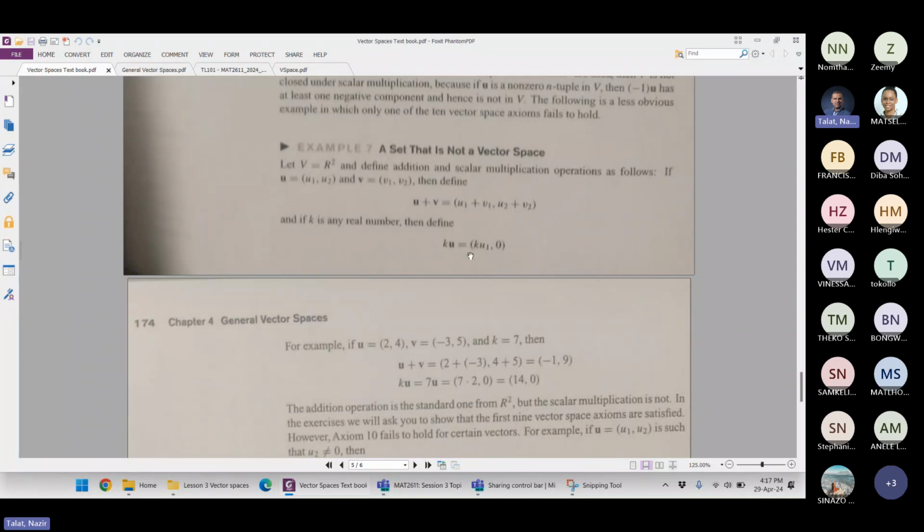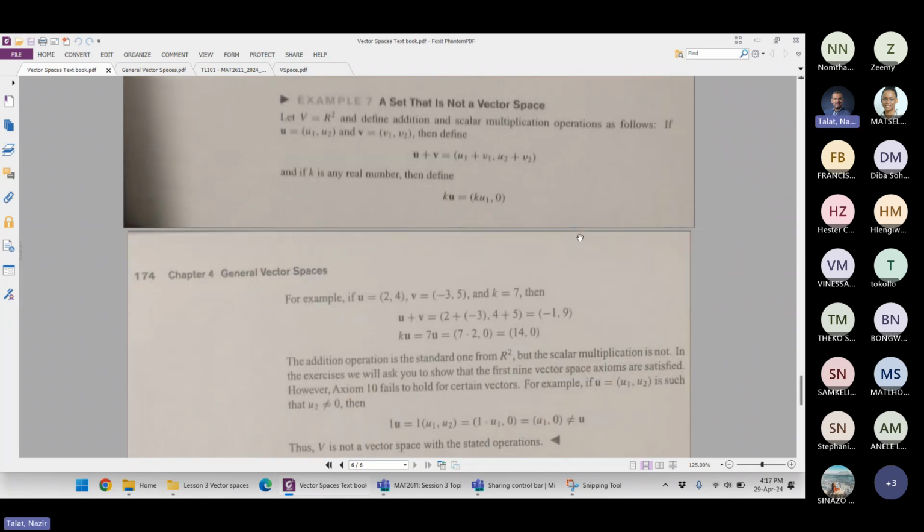This is the given one, and we just need to check whether R square is a vector space under these two operations or not. If it fails any one of the properties, then it's not a vector space. One can check that if you take any two vectors and add them, the sum is again a vector, and it fulfills all the criteria.